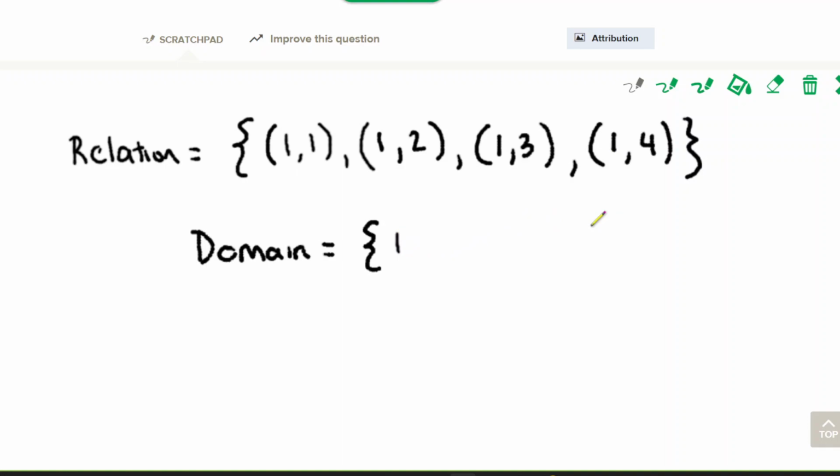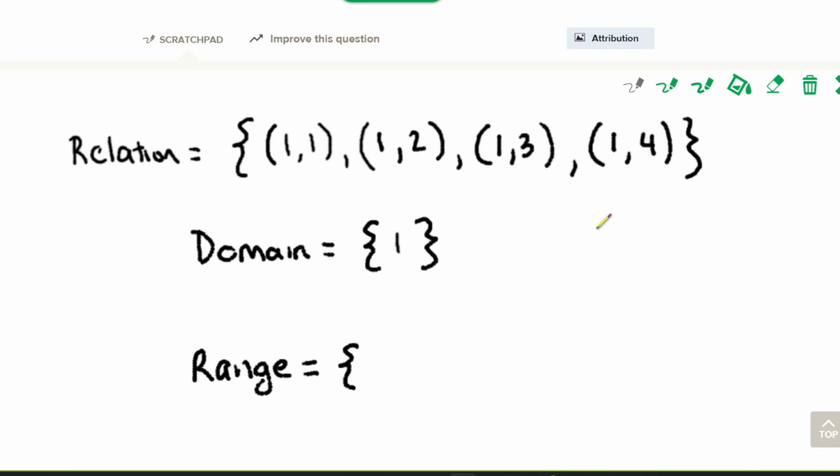And so that is the only value in the domain. There's no need to write repeat values. So the domain is simply the set with the number 1 in it. That is the only x coordinate. All right, now I'll also do the range. We're going to enter this domain in a second, but the range of this relation, again, is the set of the y coordinates, all these second coordinates, which are 1, 2, 3, and 4.